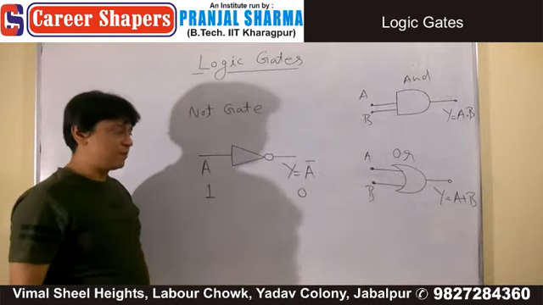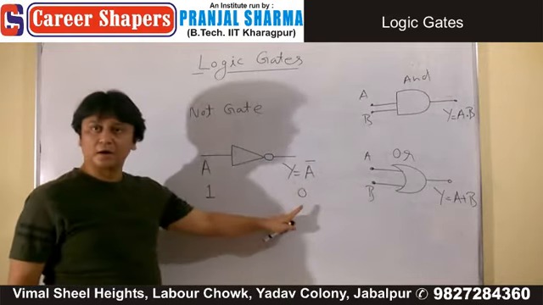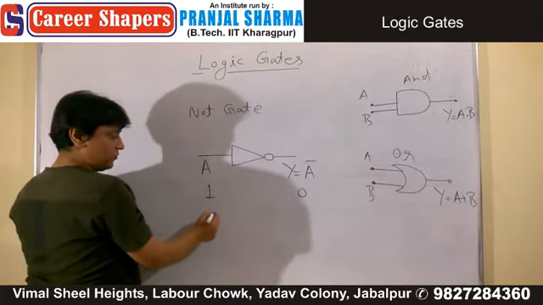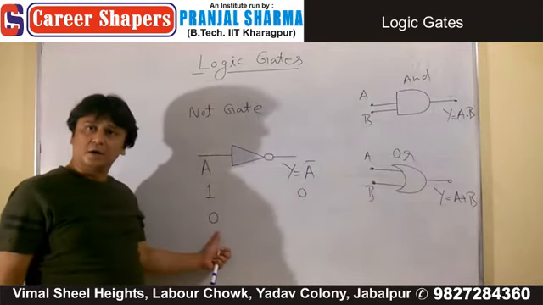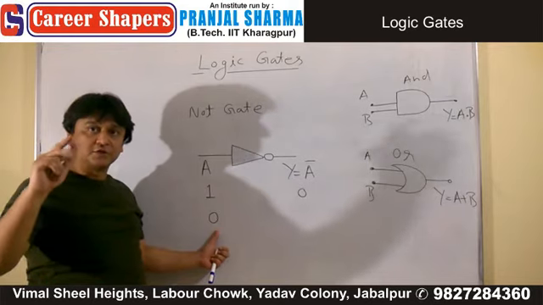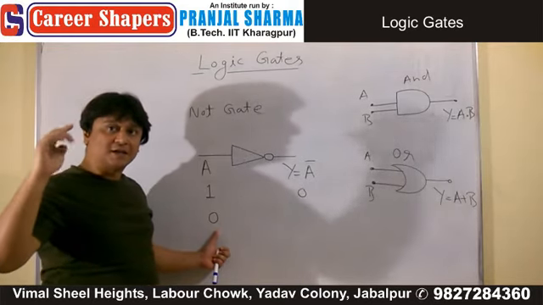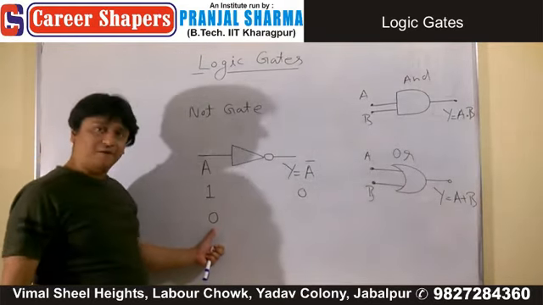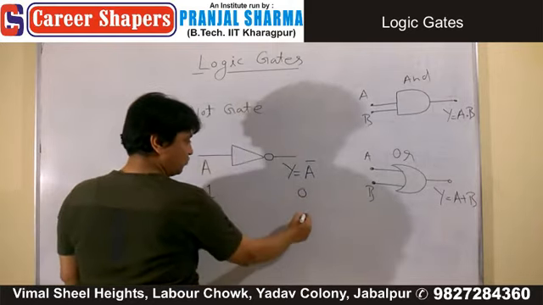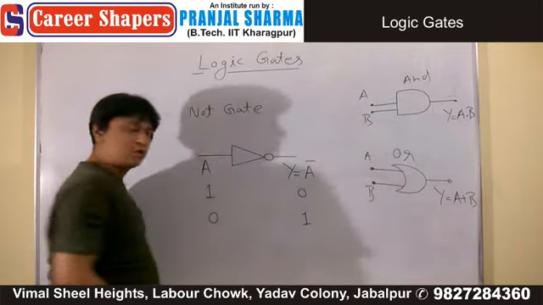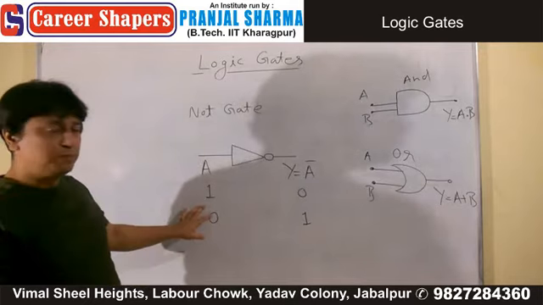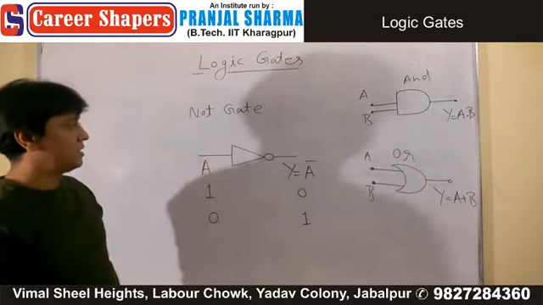I am drawing the truth table. 1 bar means 0. If you send no command, if it is no, off, then it will invert the command and make it what? 1. This is a simple truth table for NOT gate.